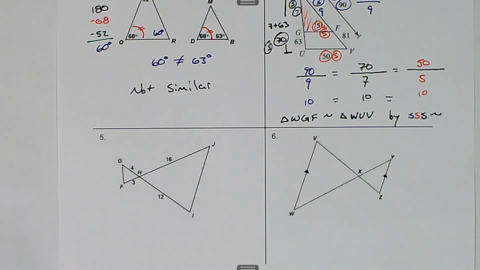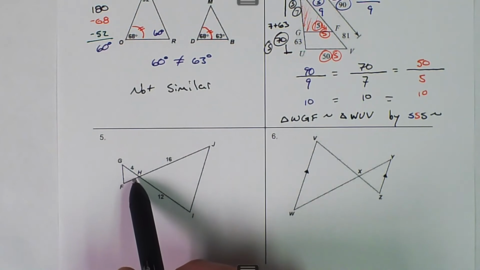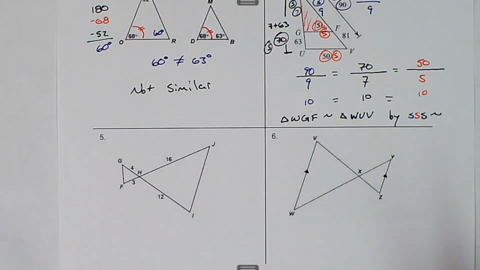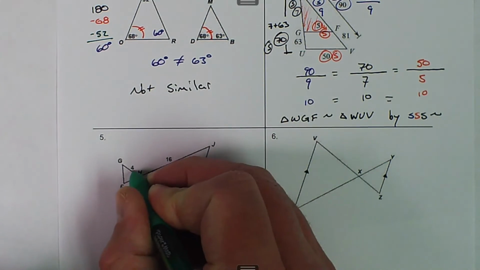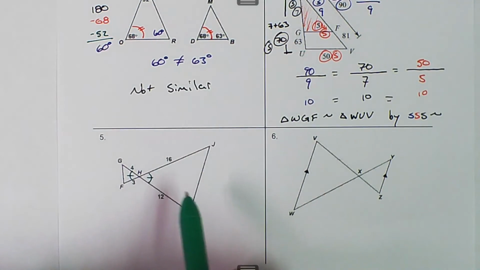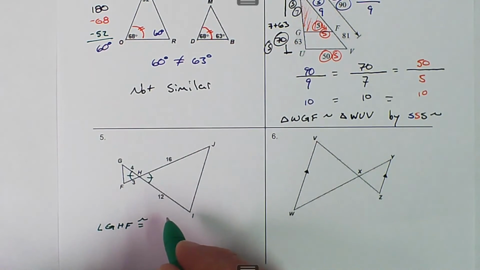And so in example 5, we're given two pairs of sides. We don't really know what that last side is. And then both triangles share H. So that's going to be another vertical angle. So we can say angle GHF is congruent.